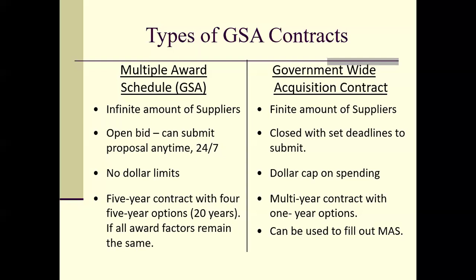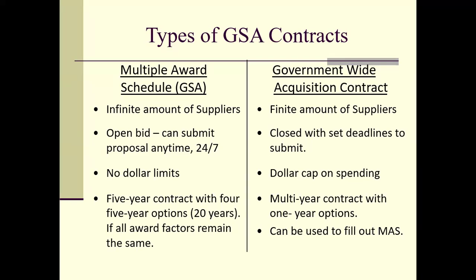The interesting thing about the MAS schedule is it's good for 20 years. If you continue to have 5 years of successful operation, they will in fact award you the next 20 years in succession. But you have to have successful operation, and that's easier said than done.